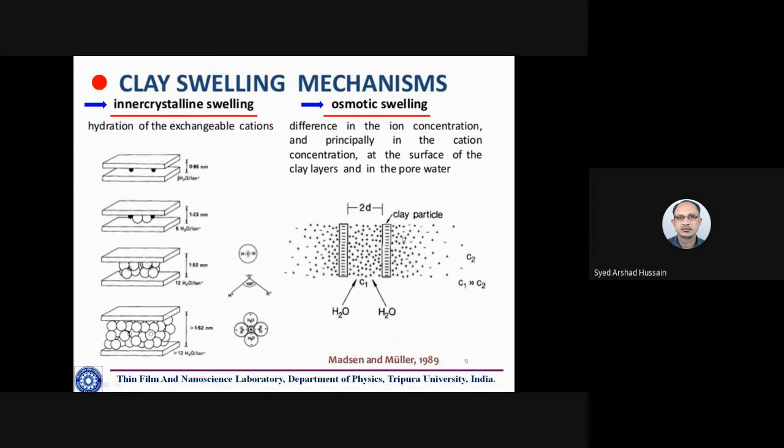Due to this difference, some kind of osmotic exchange of ions occurs, and swelling of clay occurs, and the sheets or layers get separated from one another, and it results ultimately in a single sheet of the order of a fraction of a nanometer.